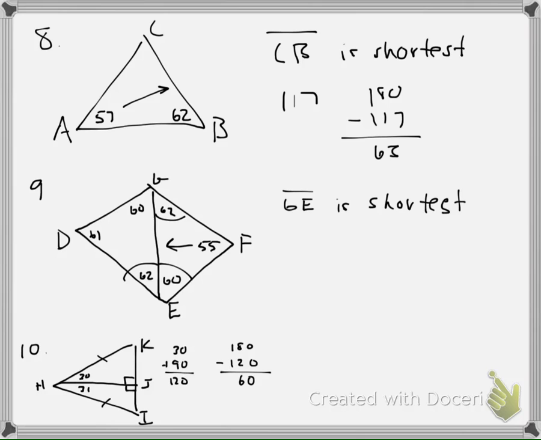So we know K is 60, and then since angle KHJ is 30 and JHI is 31, so that makes I would be 59. So the angle opposite 30 would be shortest, and that's KJ. So KJ is shortest.